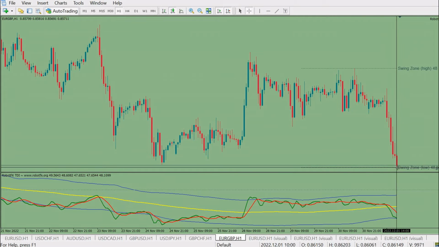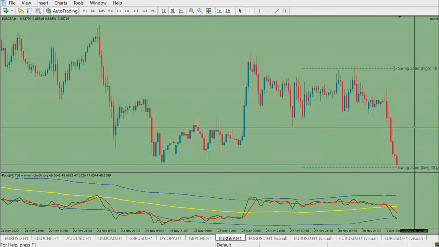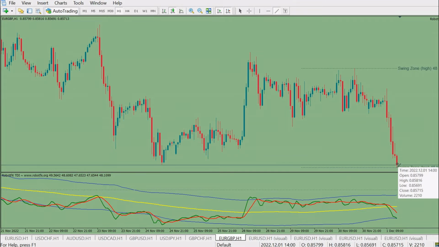So the price should be at least 30 pips away, which is somewhere here in this area, for the expert advisor to validate a sell entry. The opposite for buy, at least 30 pips away from the upper level of the swing zone. Basically because we don't want to enter a sell after the big move has already expired.